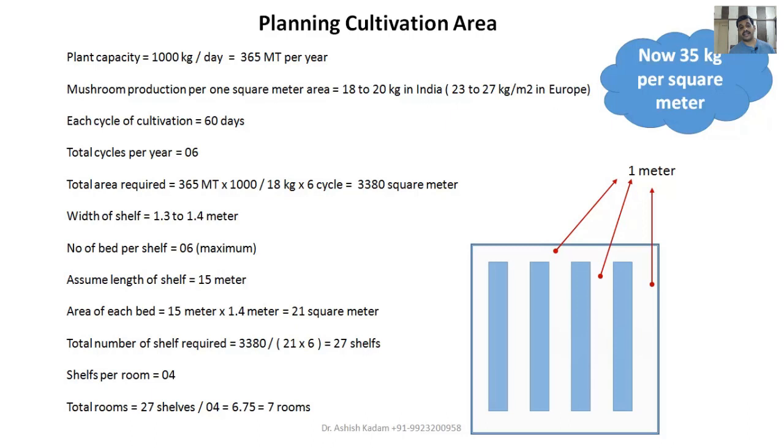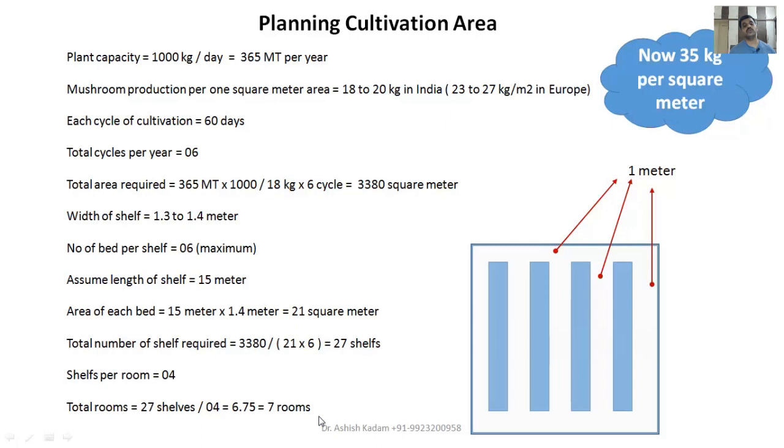Again I'm saying, in foreign countries people are even keeping 6 shelves, 7 shelves, and they have gone to lengths of 25 meter, 30 meter, but they are doing it on the basis of right engineering of the air handling unit, ducting system, and air distribution system, and that is how they are taking care of those lengths and that many shelves in the room. So if you do that, certainly it is possible to have more cropping area per room. So the total number of rooms you will require is 7.